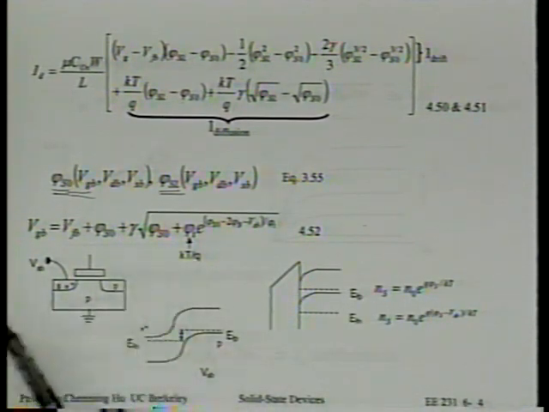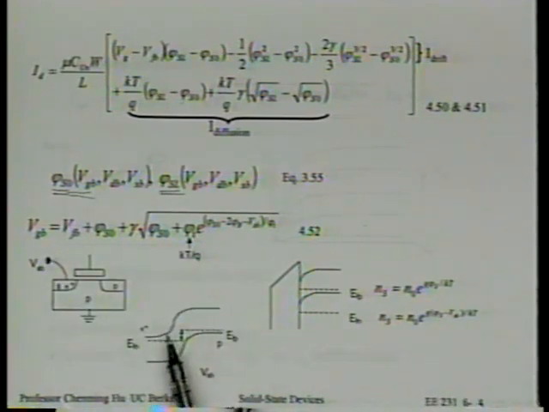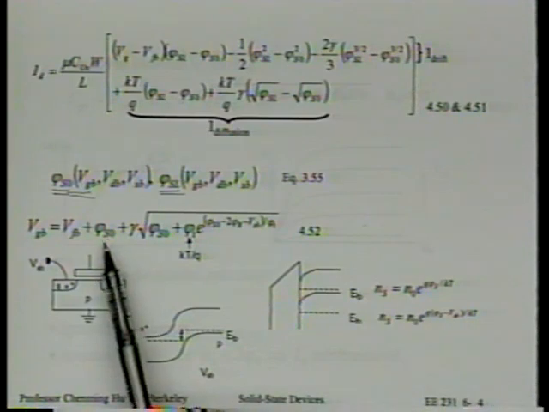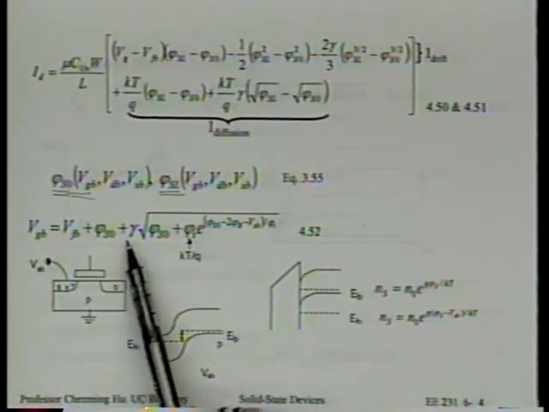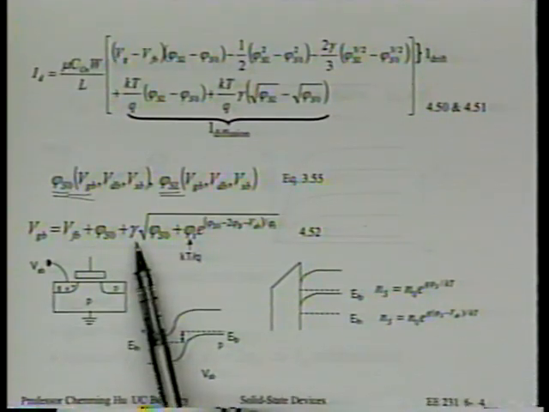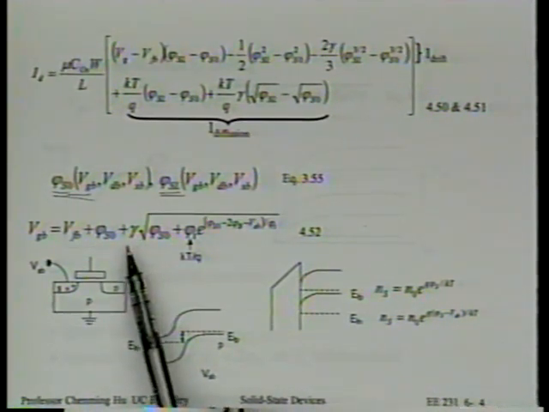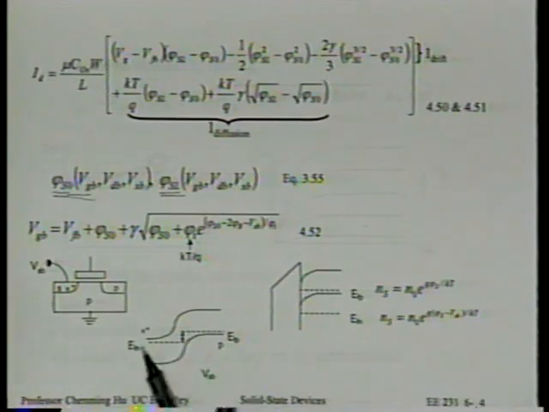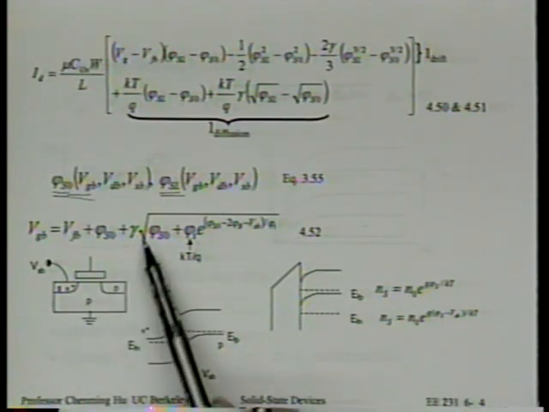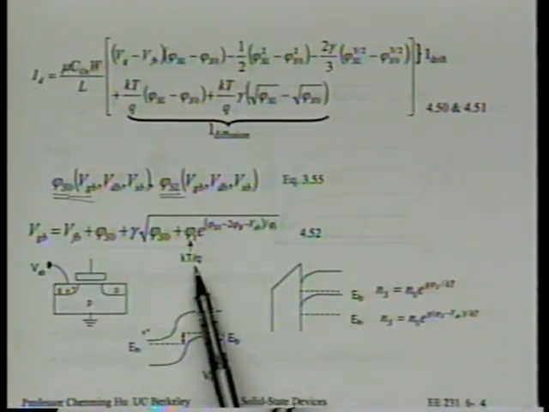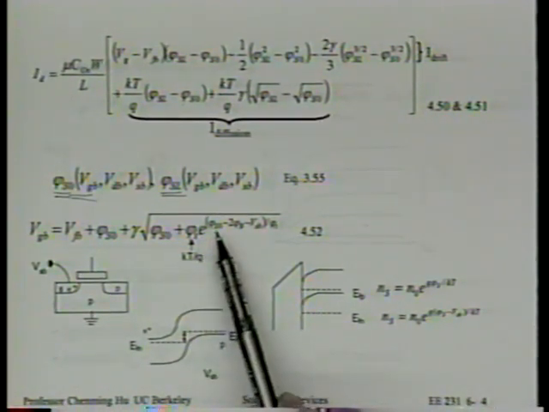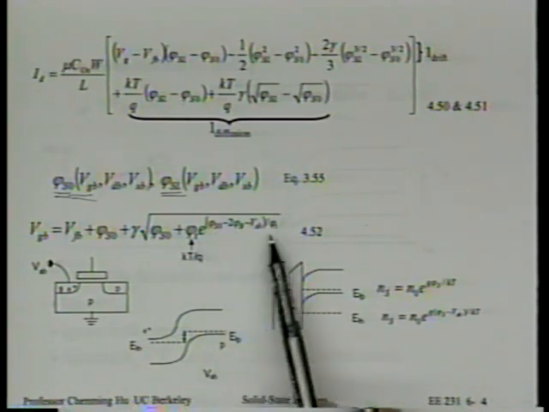So the result is that we only need to know phi s at the source and at the drain. At the source, phi s0 is related to VG in this manner: VGB is equal to VFB plus phi s0 plus gamma. Remember what gamma is? It's a constant, the square root of q times NA and so on, over Cox, times the square root of phi s, our unknown, plus kT over q times exponential of phi s minus 2 phi b over phi t.